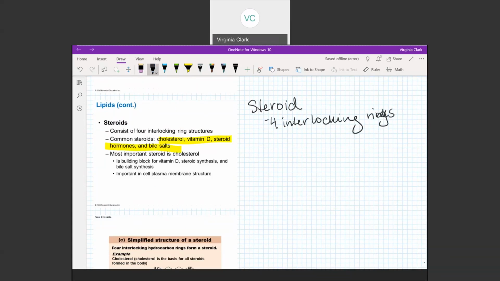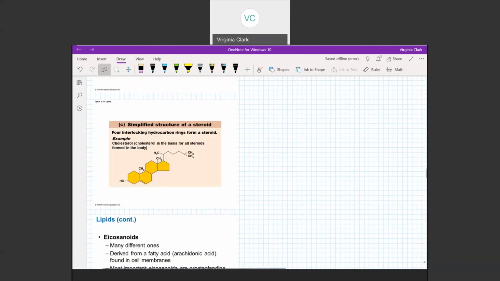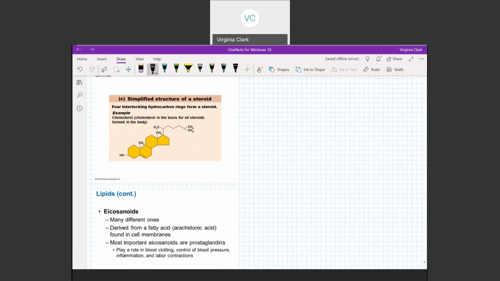And these are really important. So the most important steroid is going to be this cholesterol one, because it is responsible for vitamin D, plasma cell membrane, a lot of things we're going to talk about this semester. But just to give you an overview of what it looks like, here is 1, 2, 3, 4 interlocking rings. So when you see that, you will automatically know that that is a steroid.